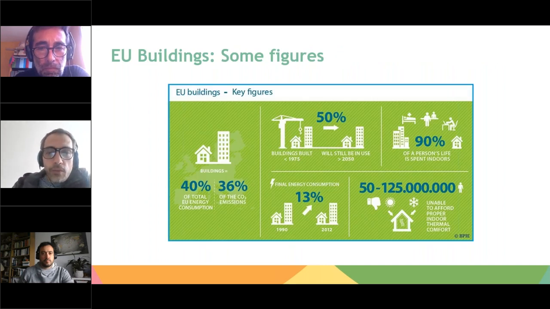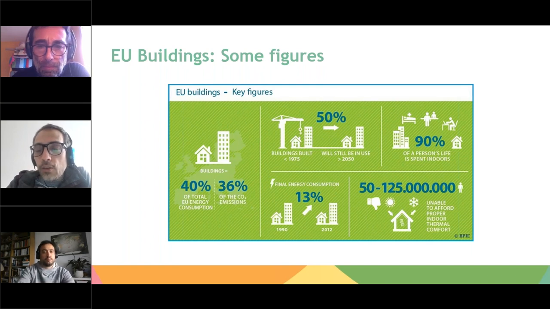So the main problems of the sector, as you already know, is that we are consuming 40% of the total energy consumption, and we are producing 36% of the CO2 emissions. So this is an important fact, that 50% of the buildings built before 1975 will still be in use in 2050. Yes.